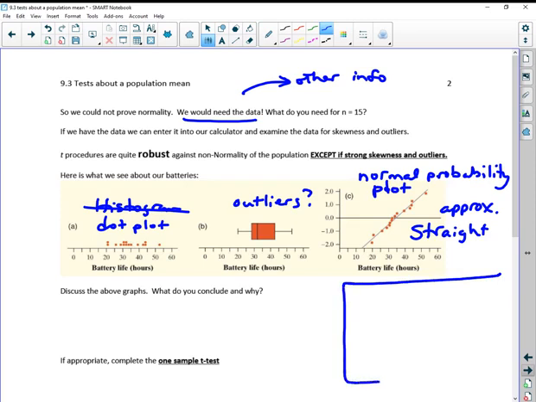Don't get confused. This is not a residual plot, which was for linear regression.